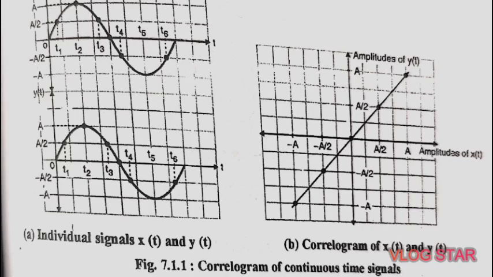Here we can see the individual signals x of t and y of t. Both signals are sinusoidal waves. After that, we have to draw the correlogram of x of t and y of t.